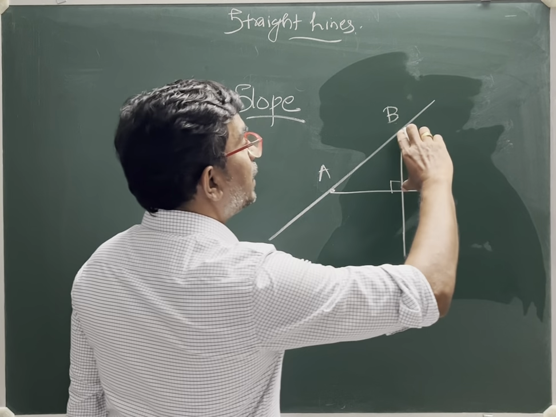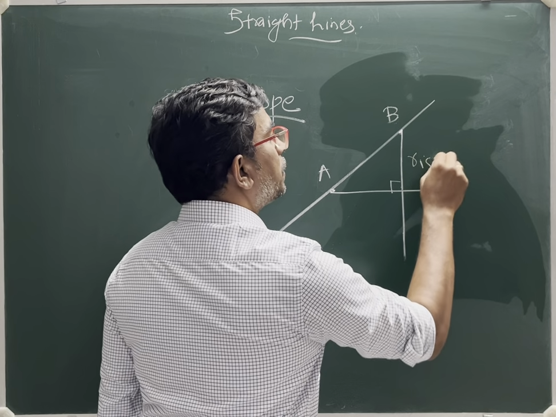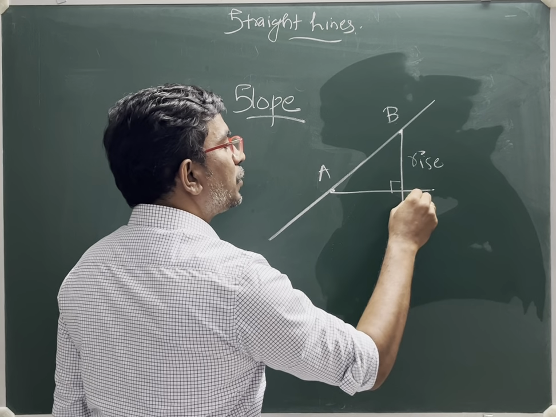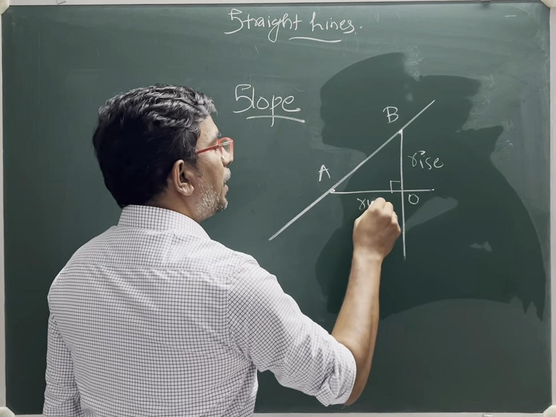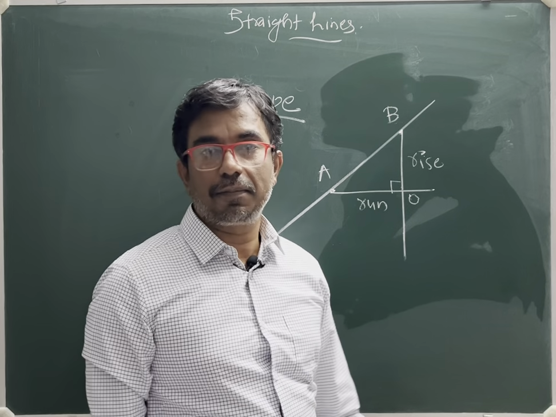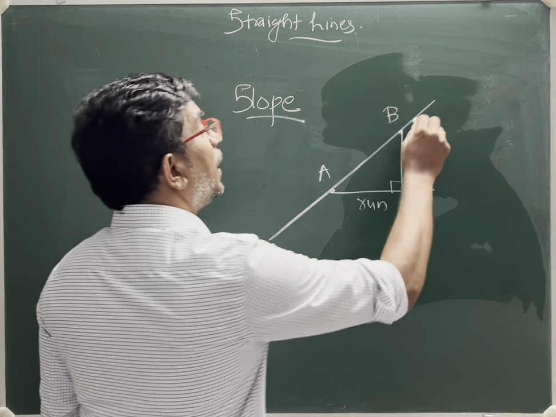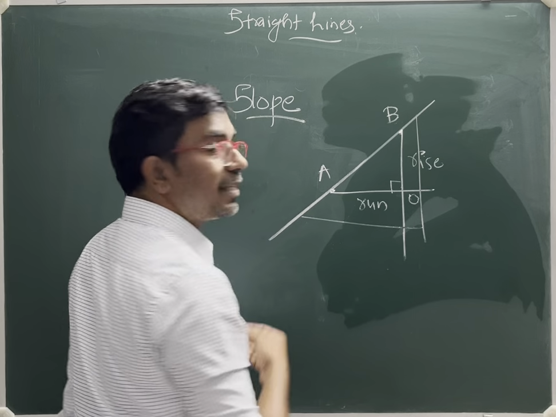And then they consider this length. This length they called rise. And this length, let me choose this point as O, they called run. So AO is run, OB is rise. Now you choose another 2 points and you find this rise and run.